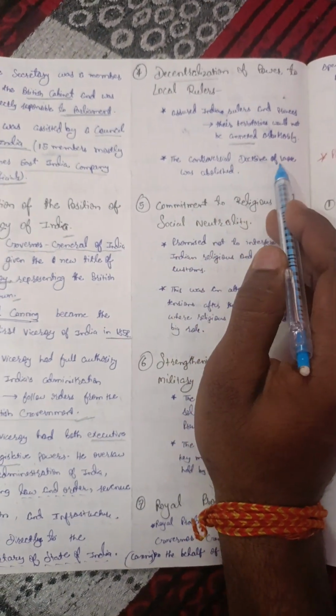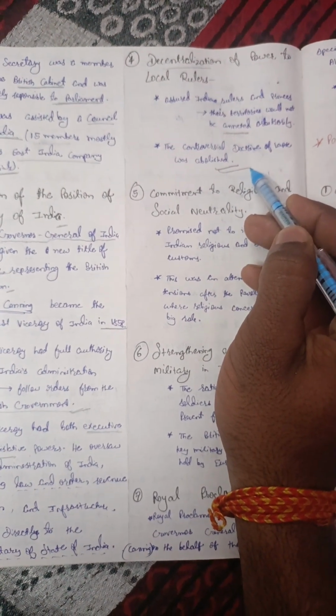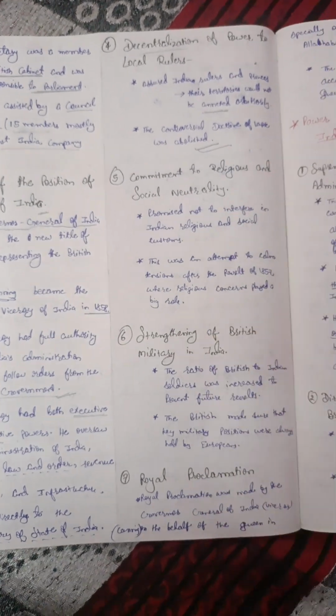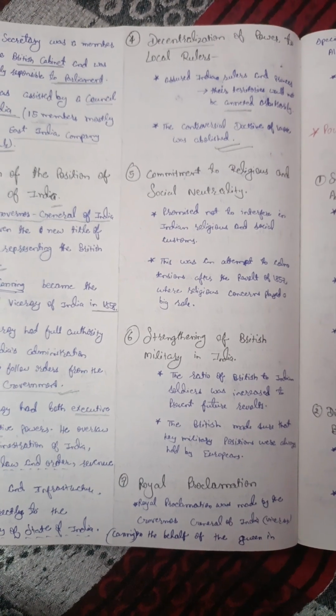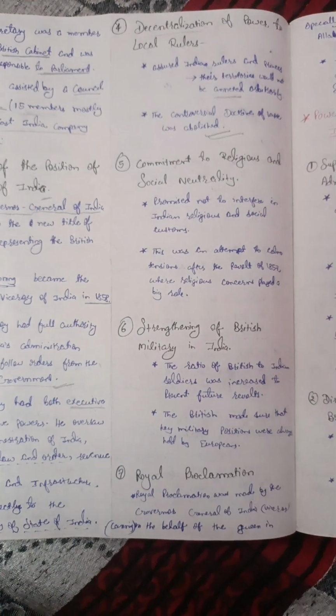And the controversial doctrine of lapse was abolished, which was the main factor that helped the British Crown to sustain itself in India, and which helped to minimize the anger of Indians against British rule.